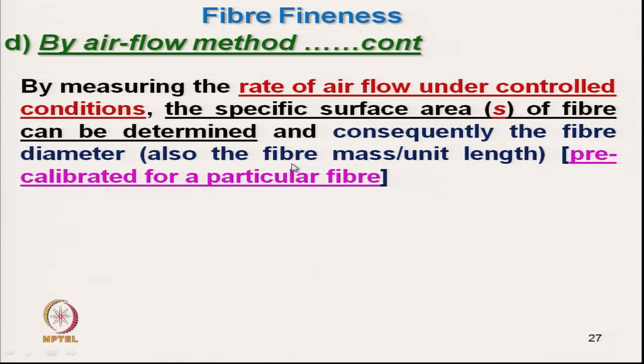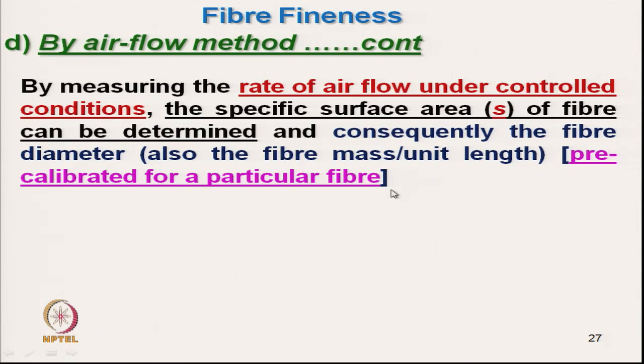So, we can actually gauge the fiber as per the specific surface area also. And consequently, the fiber diameter, we can gauge in terms of fiber diameter or in terms of mass per unit length. So, fiber diameter is gauged for wool, and for cotton it is mass per unit length, or it is pre-calibrated for a particular fiber.